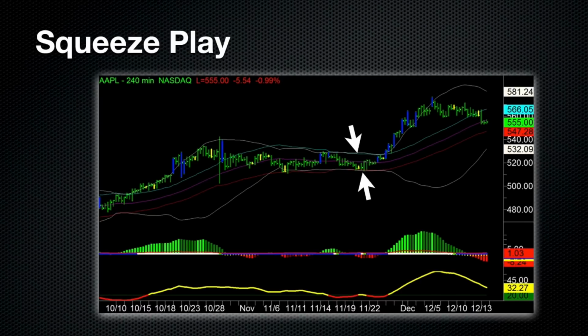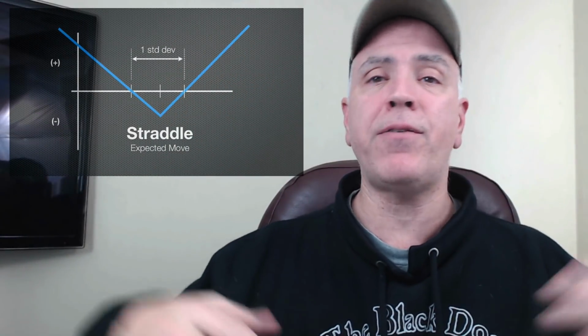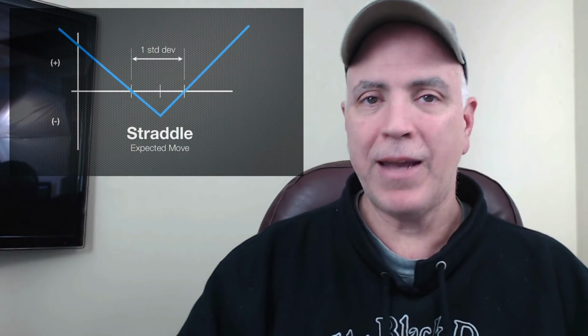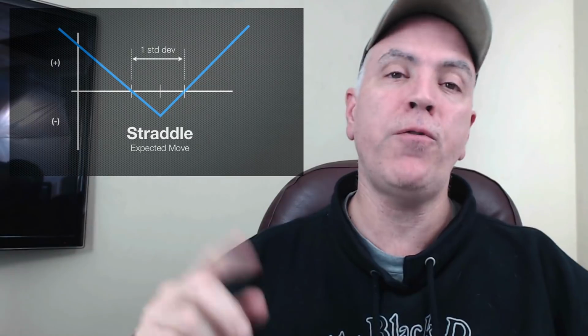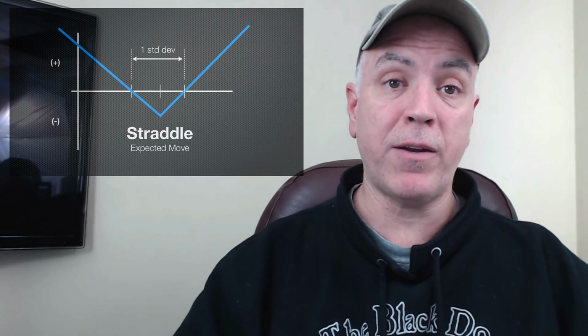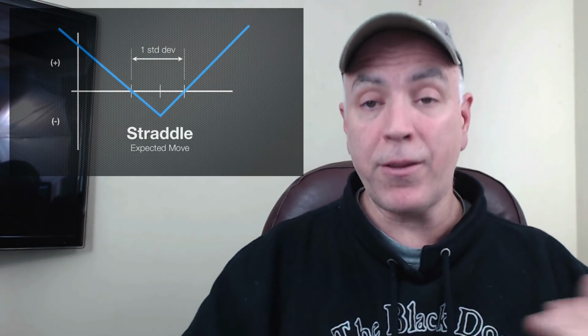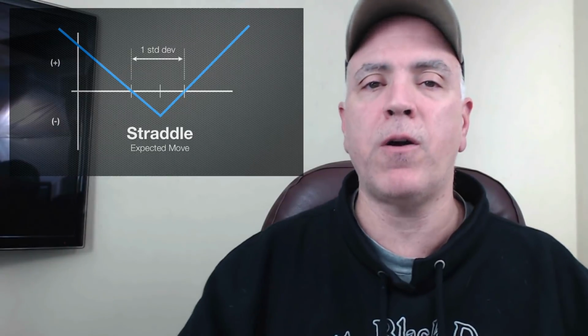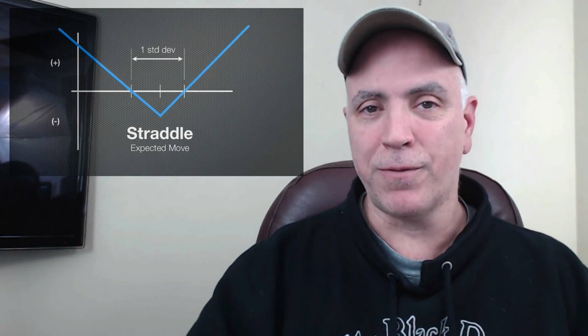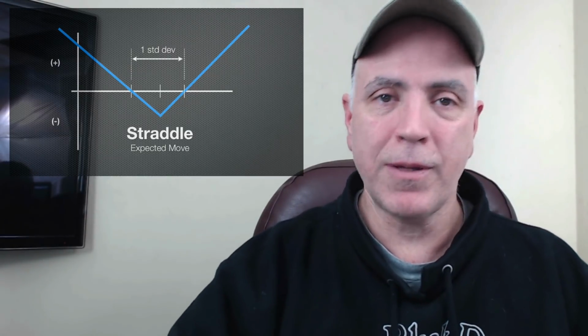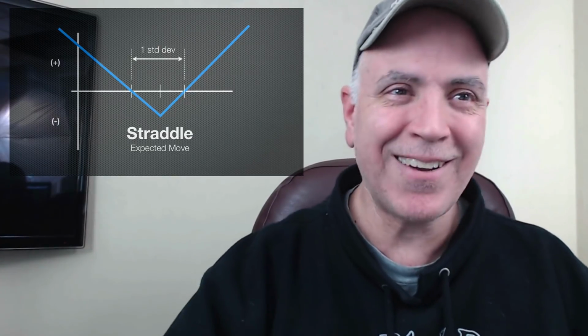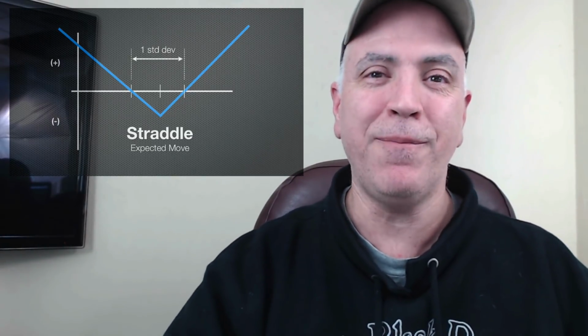See, it's all kind of tying together now. So now we can use a straddle in that case. Now a straddle has unlimited upside. It doesn't matter if it goes up or down as long as it moves a lot and goes beyond the expected move. Well, when we have a squeeze play, that's what we're expecting. We're expecting something that goes beyond the expected move. All right, so kind of tying this all together. Hope you're seeing how we're weaving this together.